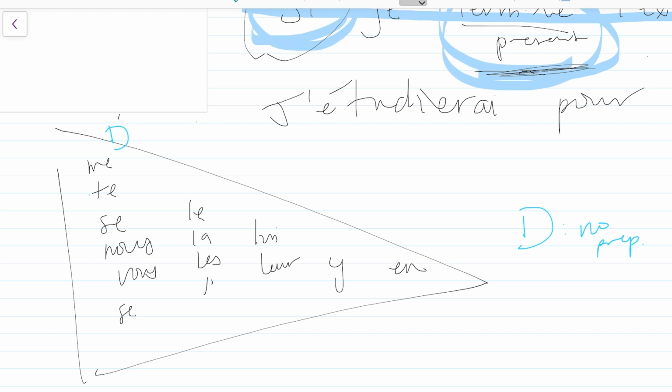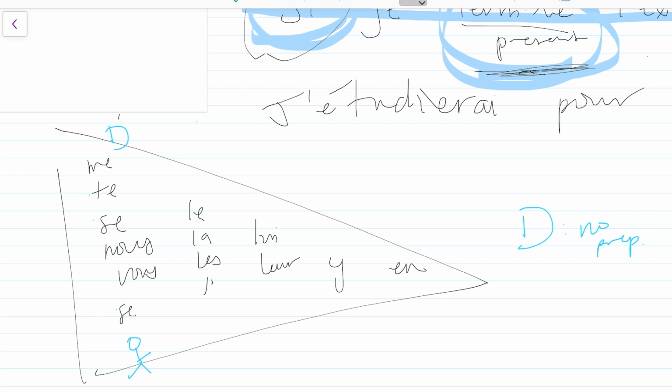I don't love at or to or from you. I just love you. So therefore, any of these in the first column can be direct. They all stand for people in the first, second person. Se is one exception, and there you're only going to use it with the reflexives, so you'll see that as being clear to you.